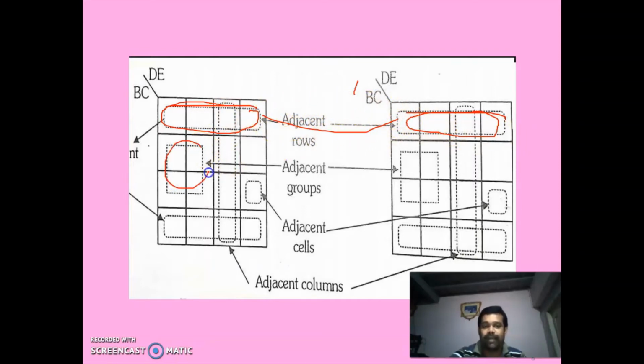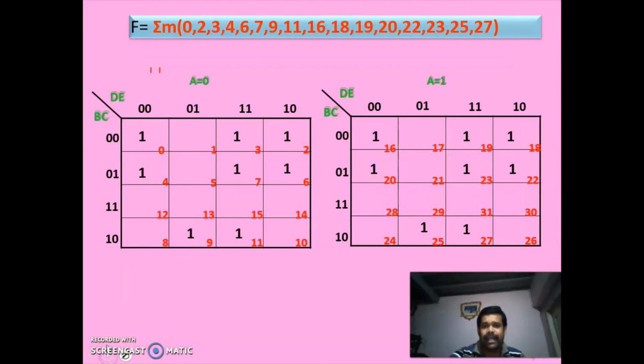Similarly here also, you are having 4 adjacent ones, a quad. So these two quads you can take common.